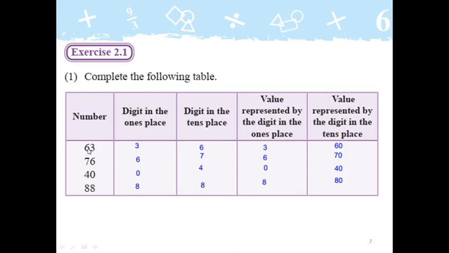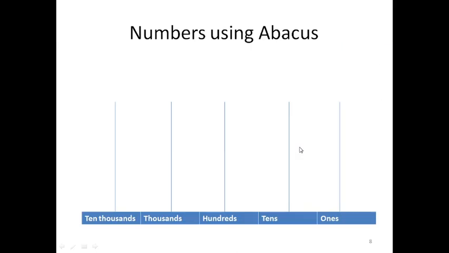Value represented by the digit in the tens place, that is 6 into 10. This is in the tens place. So 6 into 10, that is 60. So you can continue the first question of exercise 2.1. I have given the answers. Once you are done, you can check the answers with this.